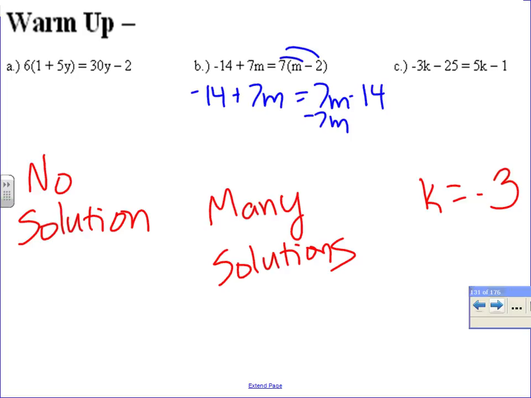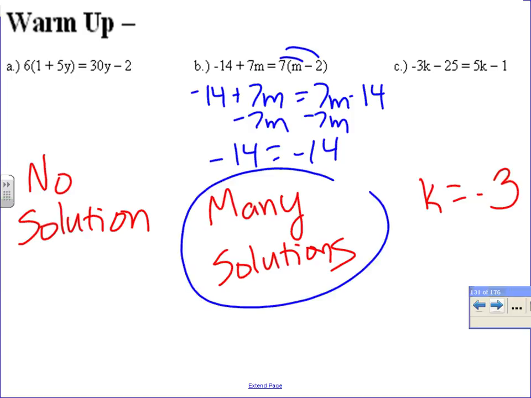Right, so then after you move the variables to the other side, we end up with negative 14 equals negative 14, which is true. Now on your quiz, some of you did this wrong. You wrote down that the answer is true, but the answer should really be many solutions. So if you did that, I took off half a point, okay? This is the conclusion, not true.